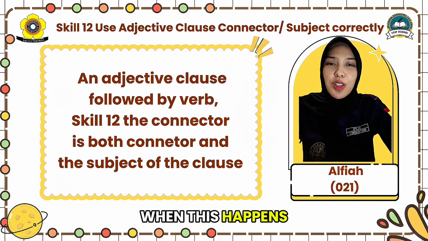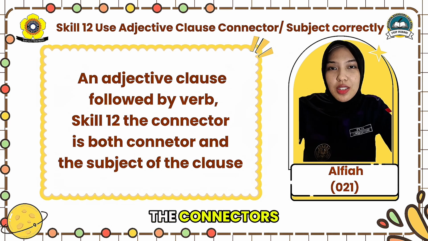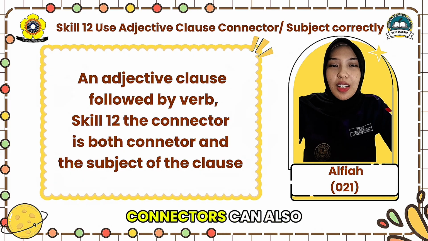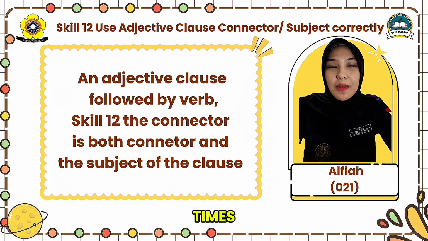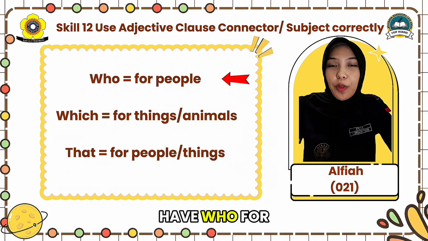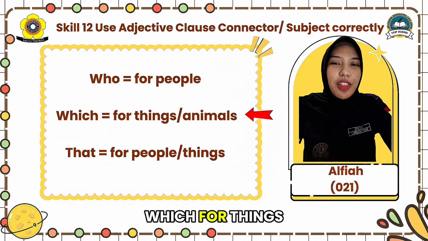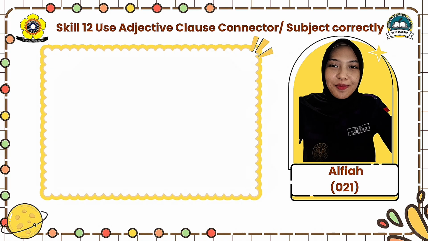When this happens, you do not need to add another subject after the connector. An adjective clause connector can also be the subject of the clause at the same time. These are the common connectors as a subject: who for people, which for things or animals, that for people or things.